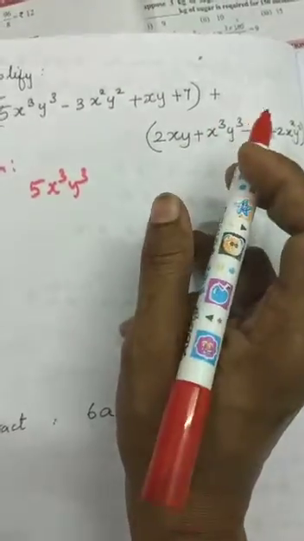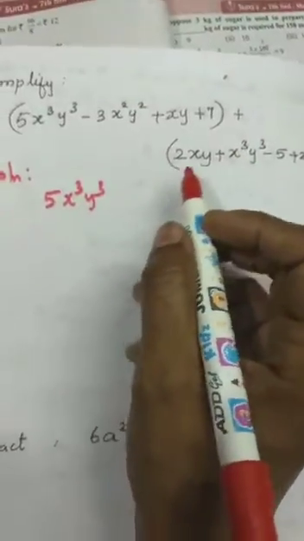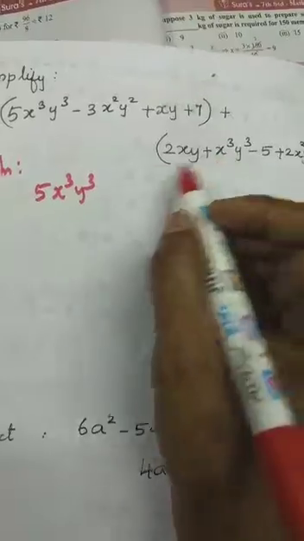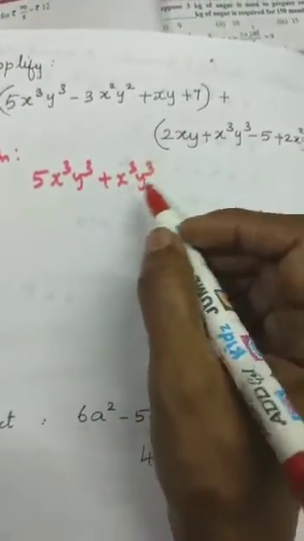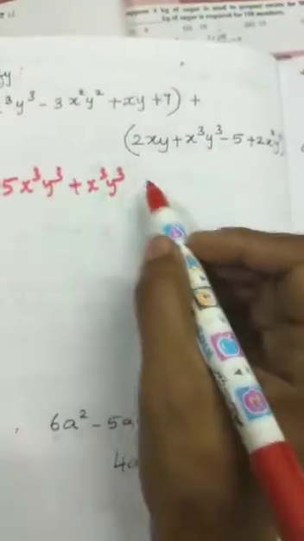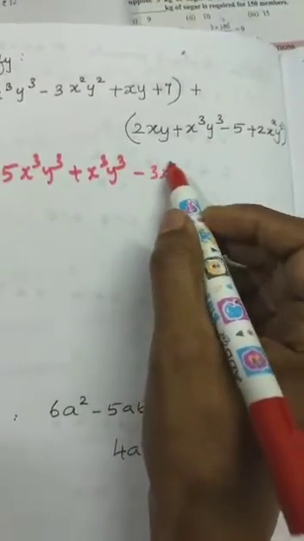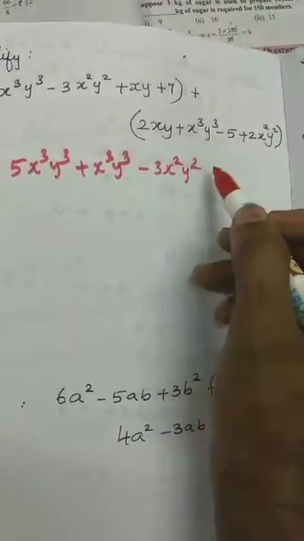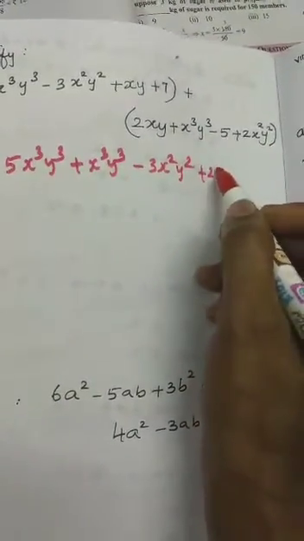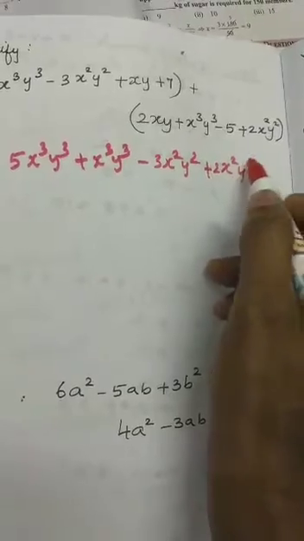The plus sign will be plus, minus sign will be minus. So here the like term is plus x cube y cube. We write the like terms together. Here minus 3x square y square, and here also one x square y square, so plus 2x square y square.